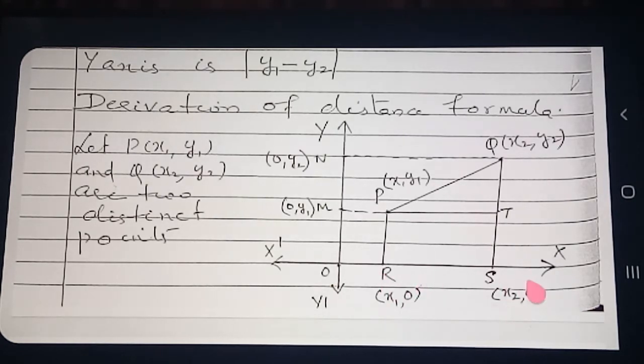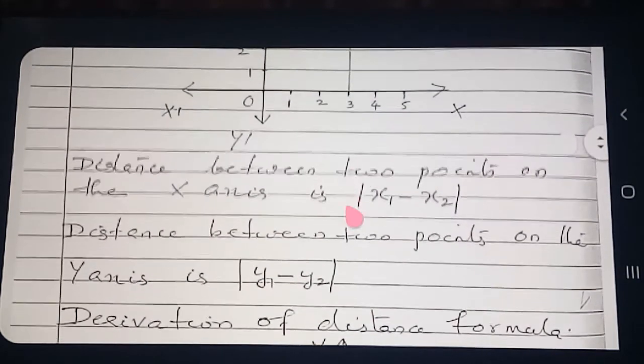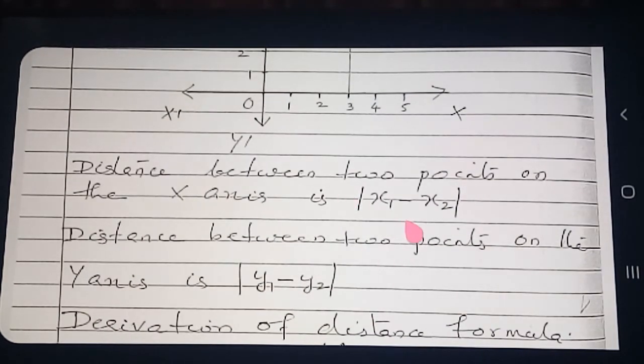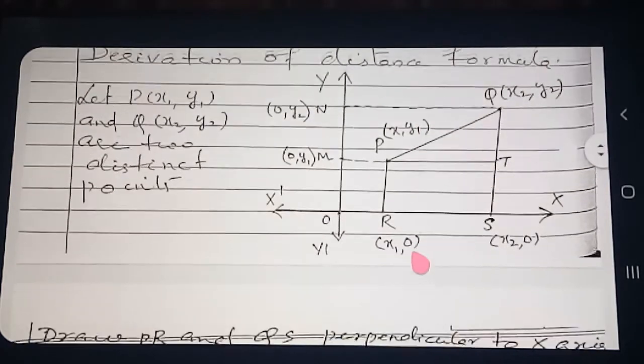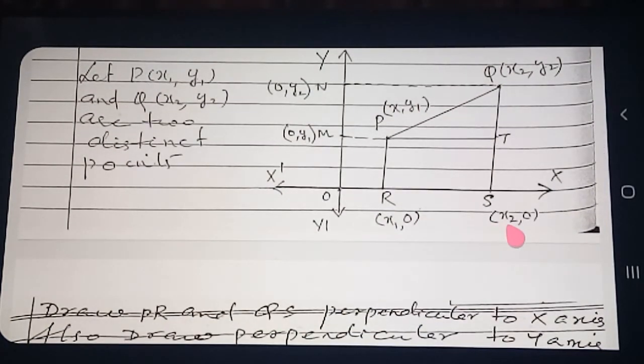So I wrote above modulus of x1 minus x2. If you are not writing modulus, then we can write the greater number first: x2 minus x1. So if this is x2 minus x1, what about this one? This is also x2 minus x1 only.